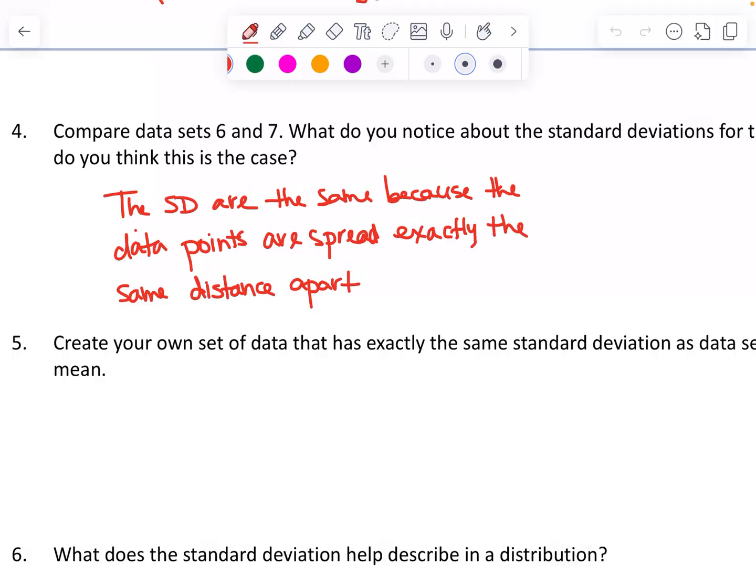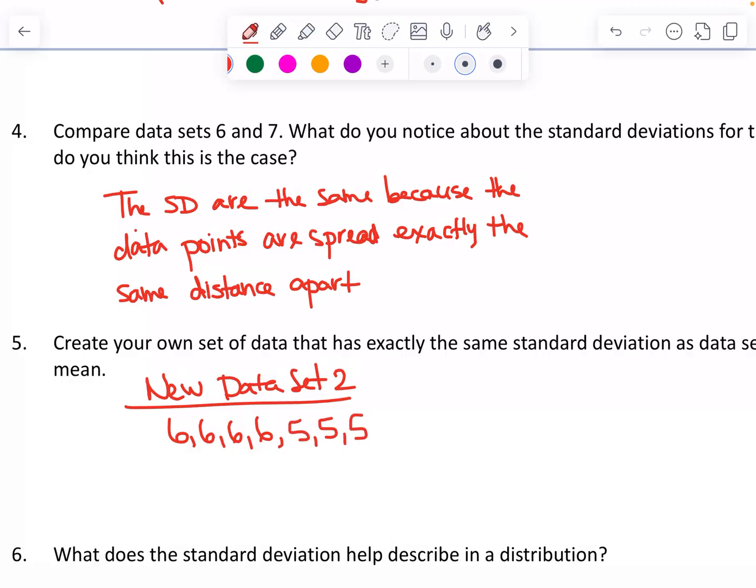So, new data set 2. Instead of going 5, 5, 5, 5, I'm going to go 6. Just one additional number, 6, 6, 6, 6. And then 5, 5, 5, 5, 5, 5. And then 7, 7, 7.